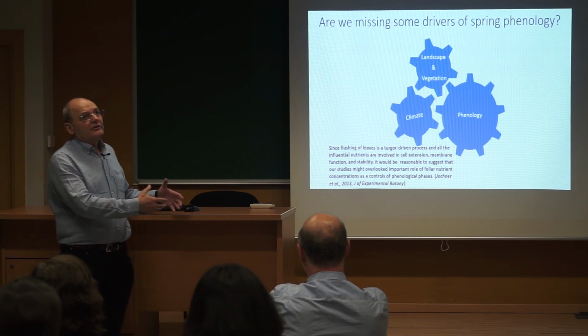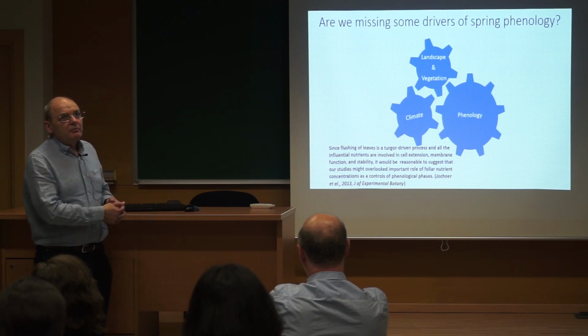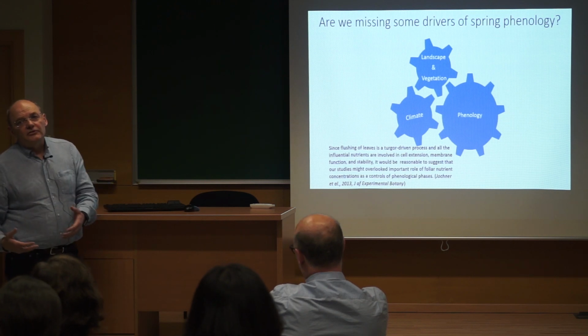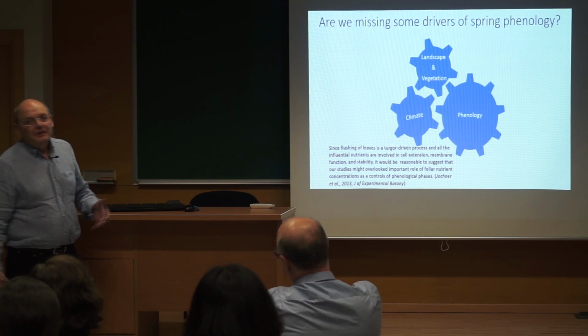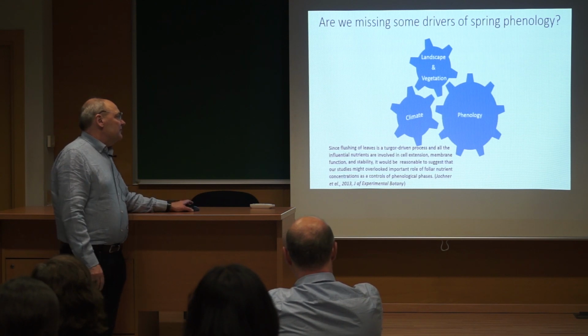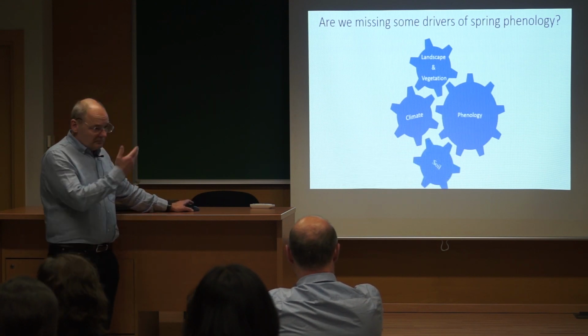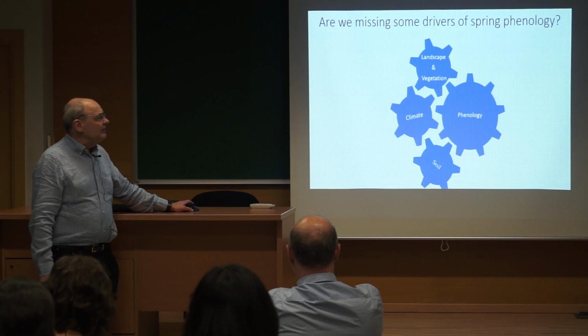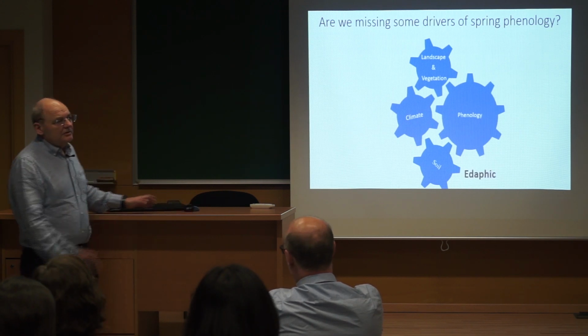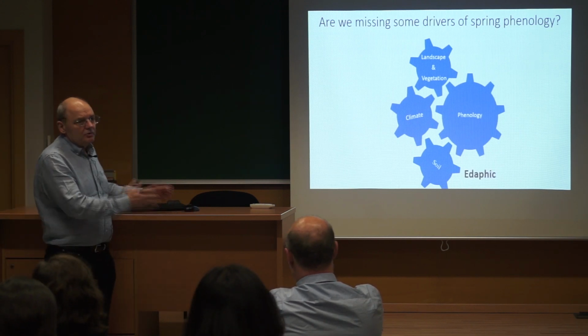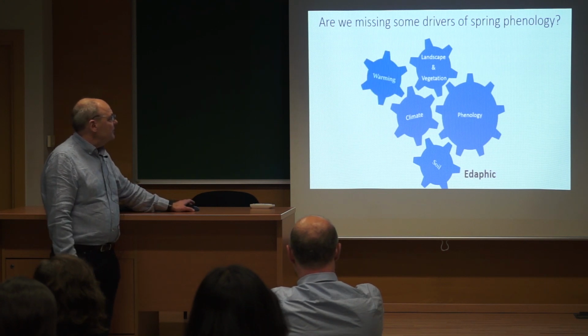So foliar concentrations. But a few slides before, I showed you that foliar concentrations relate to soil. So that's why it makes perfect sense to include additional drivers such as soil. We'll call them edaphic, just to be consistent. So edaphic factors, soil-related factors of phenology.